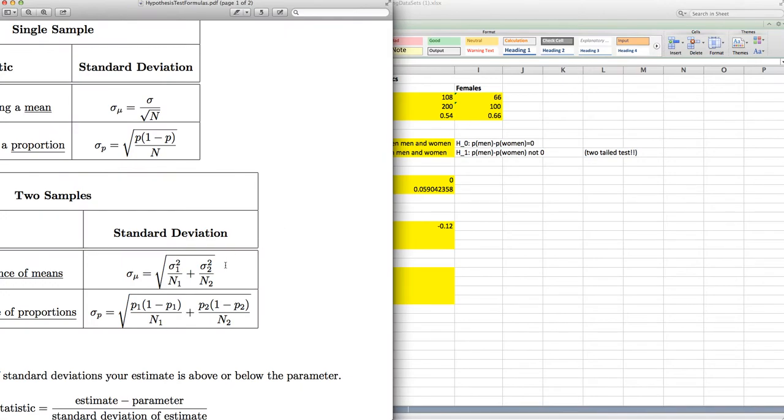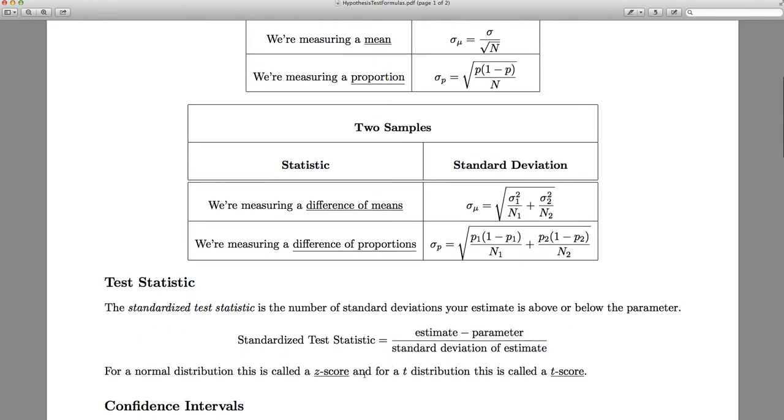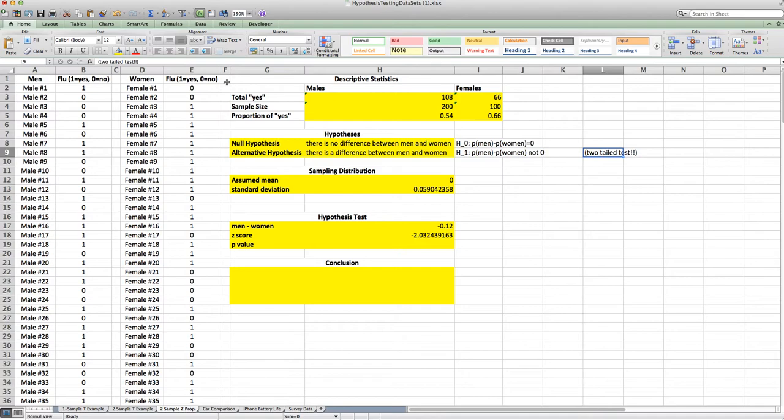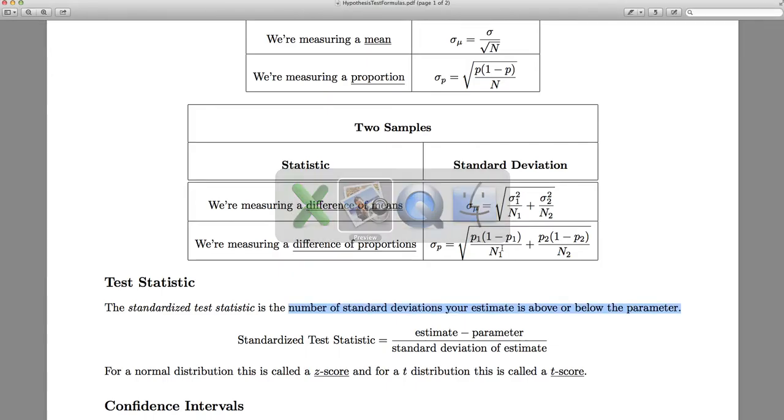Back to our handy formula sheet. The z-score is the number of standard deviations we are above or below the mean. So this is equal to our score minus 0 over the standard deviation. Now that's on the left-hand side, but this is a two-tailed test, so I have to be a little bit careful.